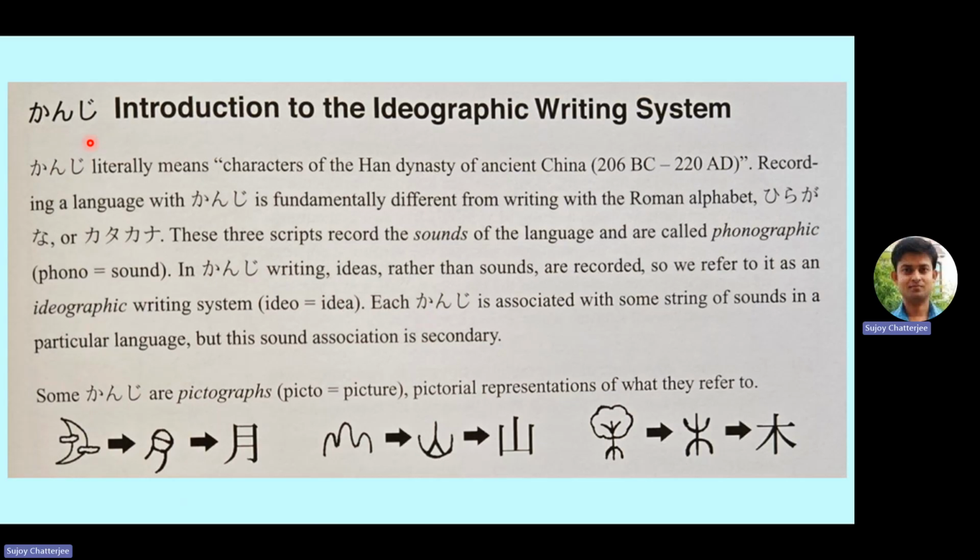A kanji symbol gives the meaning of an idea, or it gives a hint of an action or something. And although there is a pronunciation associated with that, that is a lesser important thing. Some kanji are pictographs. Picto comes from picture, which means pictorial representations of what they refer to.